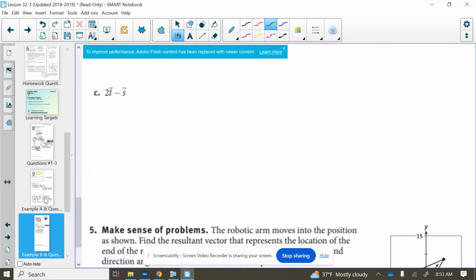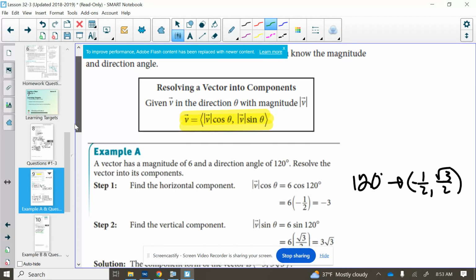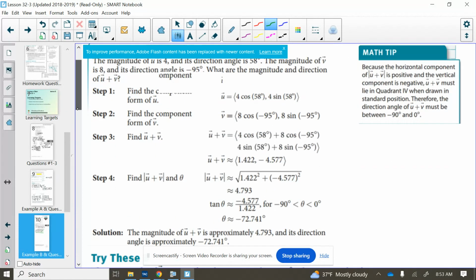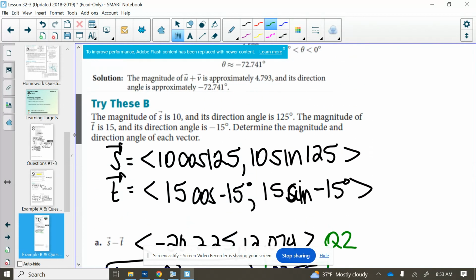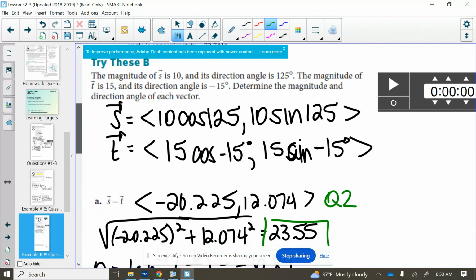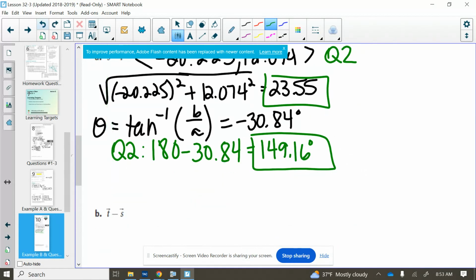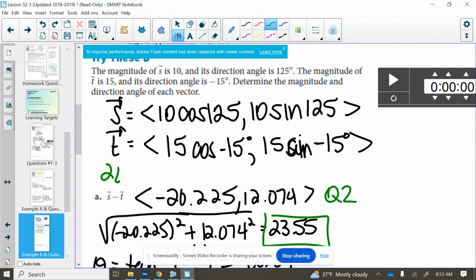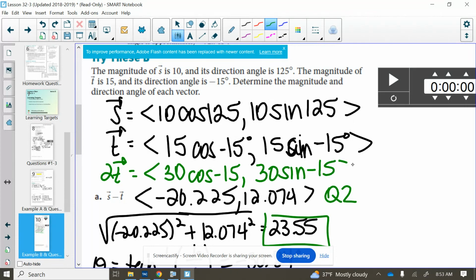All right, we also might see this with some scalar multiplication to start. So in order to find the correct form on this one, we would want to do 2 times t and then minus s. So what's happening on this one is we are going to think about vector t. If we doubled this, 2 times t is doubling your magnitude to be 30 times the cosine of negative 15, and then 30 times the sine of negative 15.